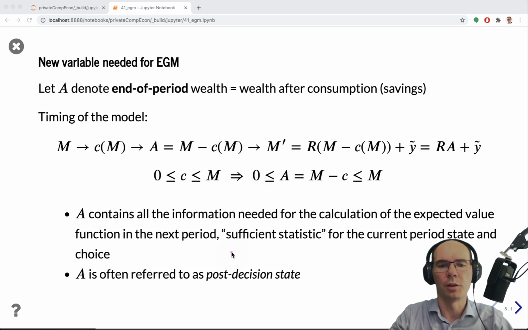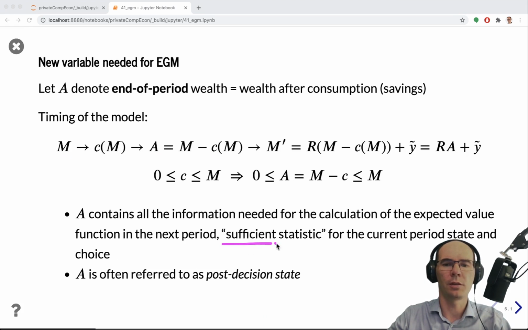Now, why is this important? A turns out to be a variable that summarizes the information about the current period state and choice. So if we know A, we know everything that we need to know about the current period in order to think about the future. The future, the next period wealth, really depends on A rather than on M or C. And this is a crucial point for being able to apply the endogenous gridpoint ideas.